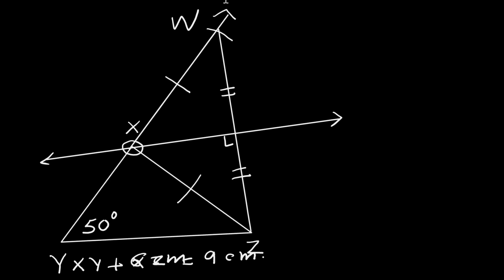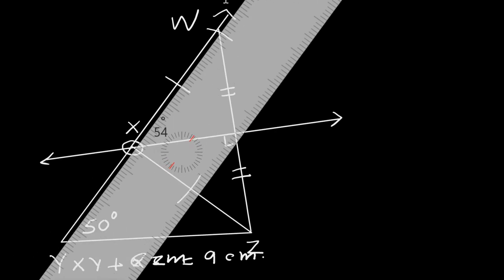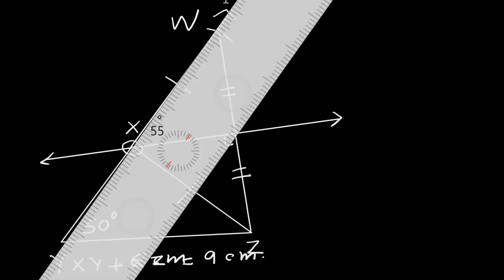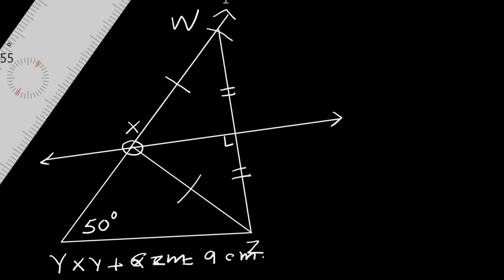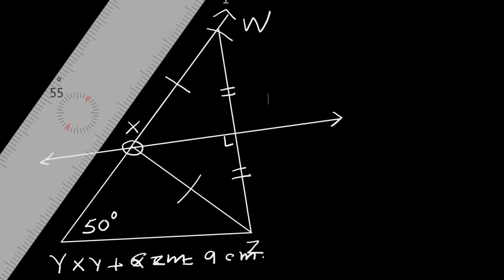Now what is length YW? 9 centimeter. Why? XZ is equal to XW, and it is given that XY plus XZ is 9 centimeter.